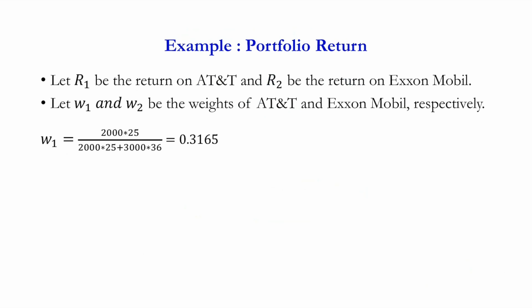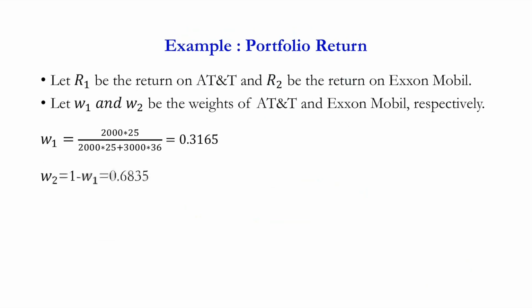To calculate the weight of AT&T, I'm going to multiply the number of shares of AT&T by its stock price, which was 25, the purchasing price. And I'm going to divide this value of AT&T by the total value of the portfolio, which is the summation of the AT&T stock value plus ExxonMobil stock value.